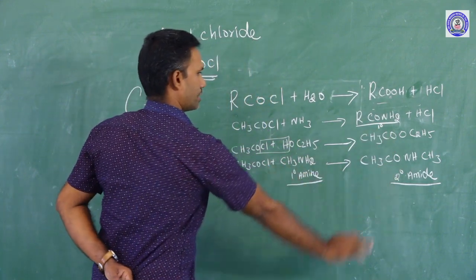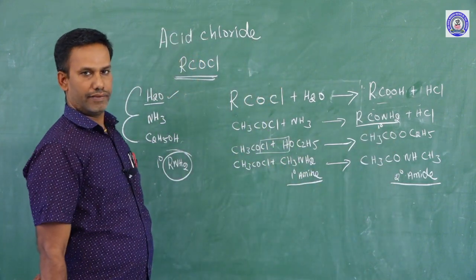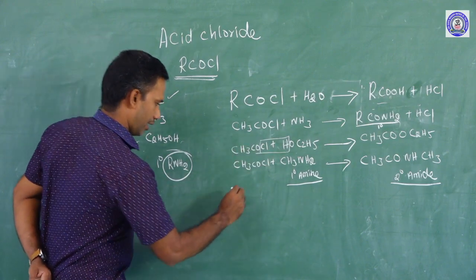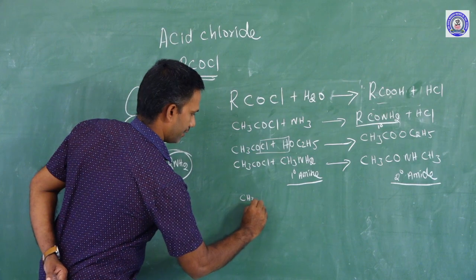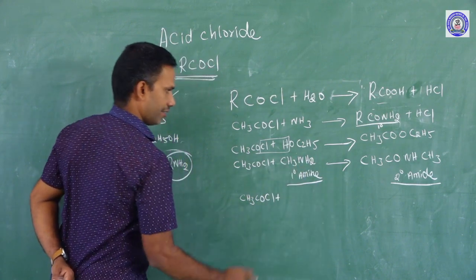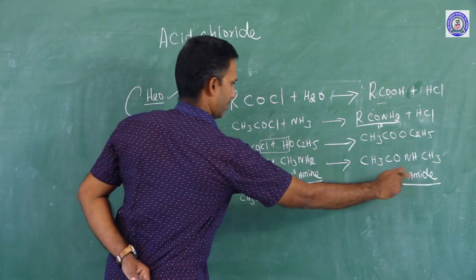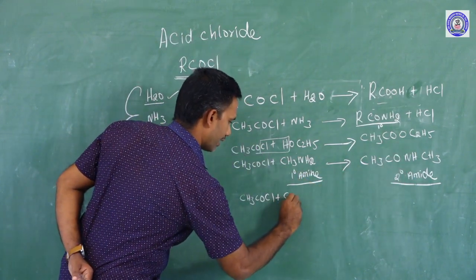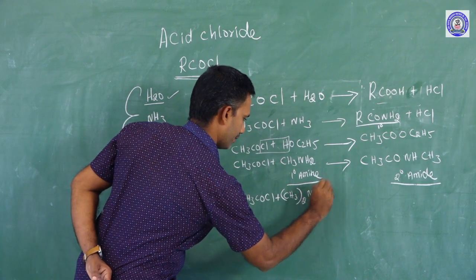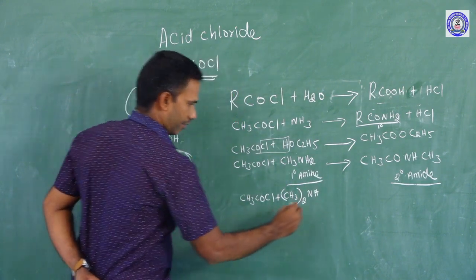This is called substituted amide, or otherwise secondary amide. The same acetyl chloride, if you take and treat with a secondary amine, dimethylamine, then what is the product?